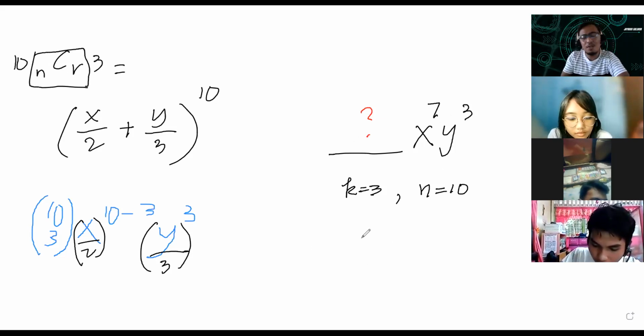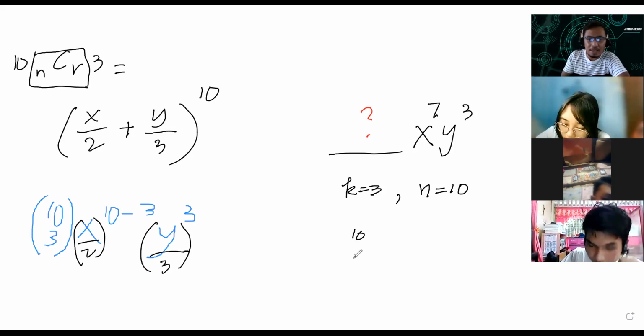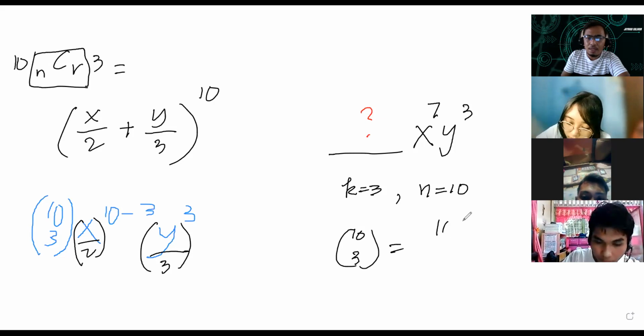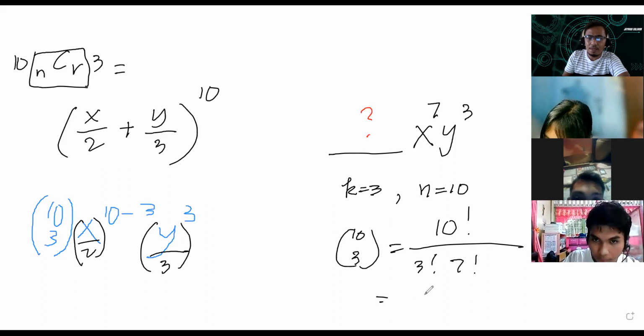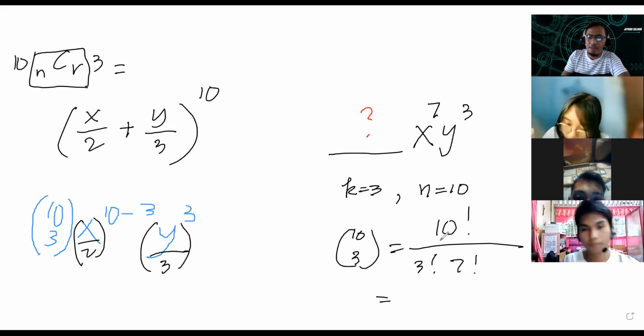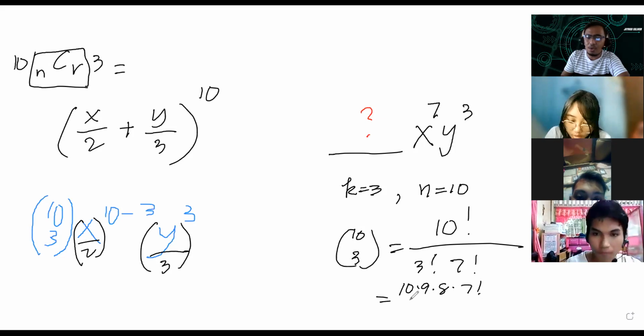Or if you don't have a calculator, you can use the formula. n taken 3 is just 10 factorial all over 3 factorial times 10 minus 3, which is 7 factorial. The 10 factorial can be written as 10, 9, 8, 7 factorial.